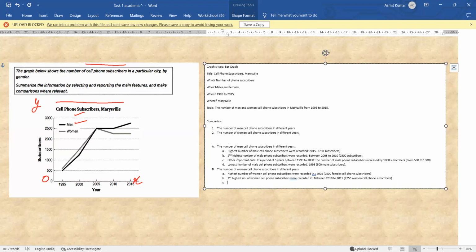Now coming to the third one, let's see here. Other important data we are writing.